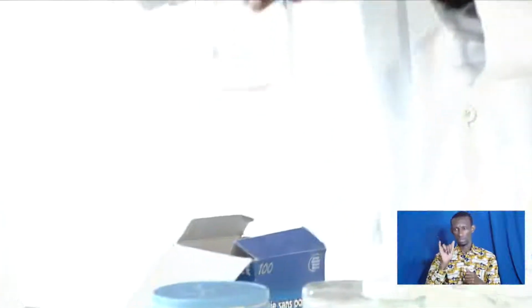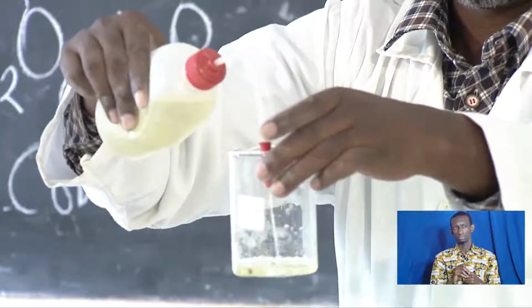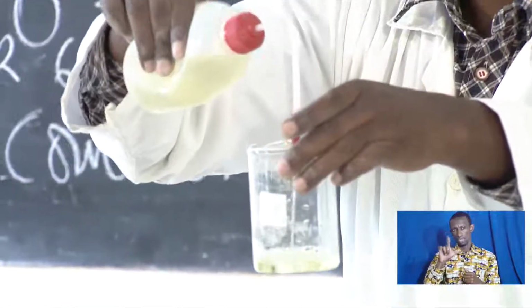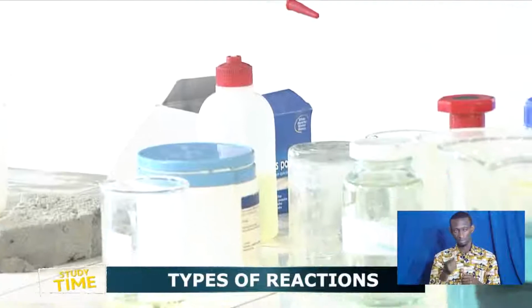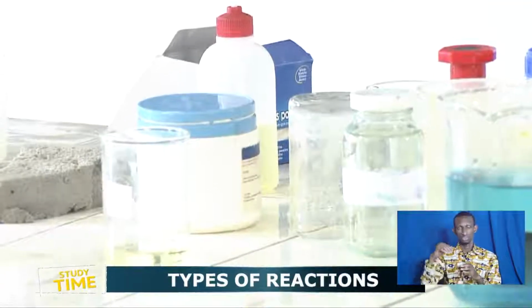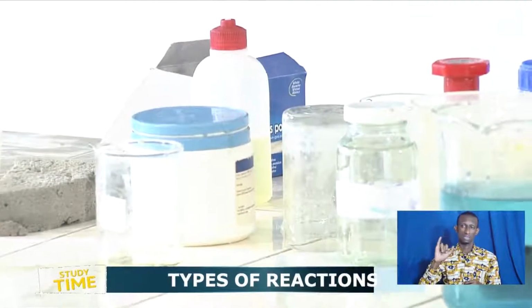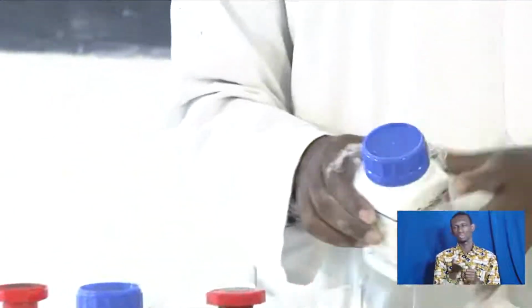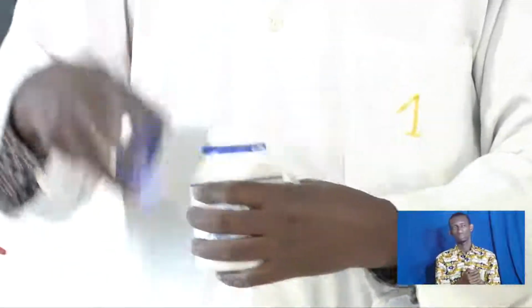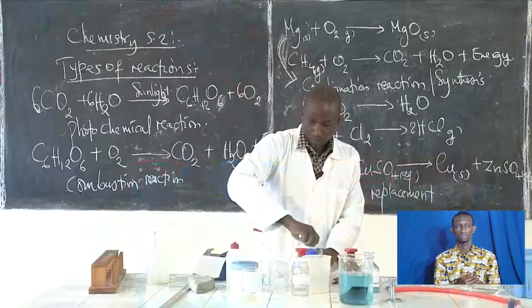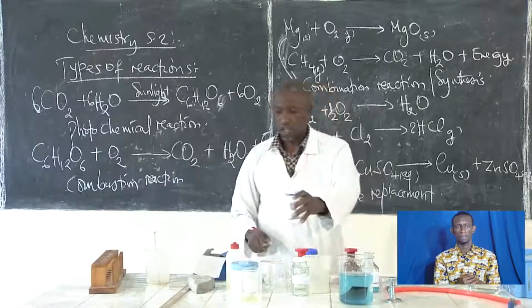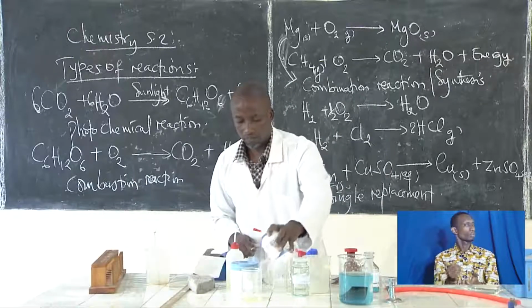I can just put a little here in the beaker. Then we'll put in a little calcium metal. So this is also another example of a single replacement that can help us to understand what is happening.